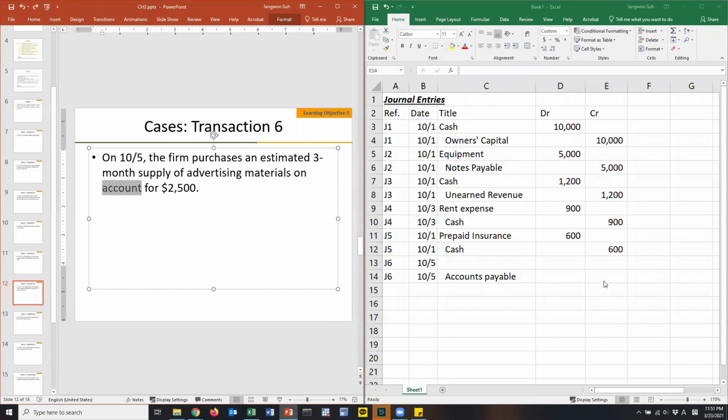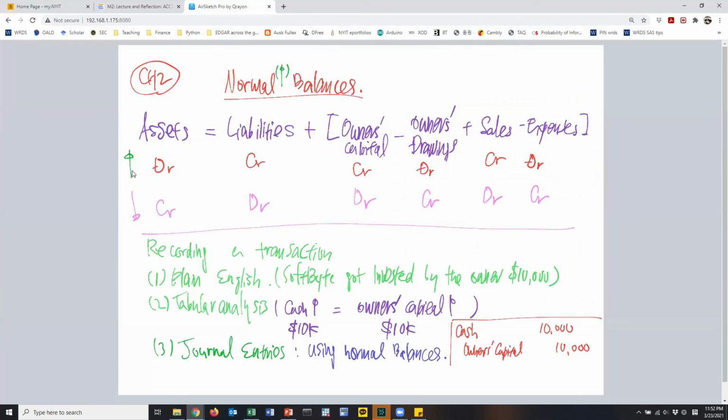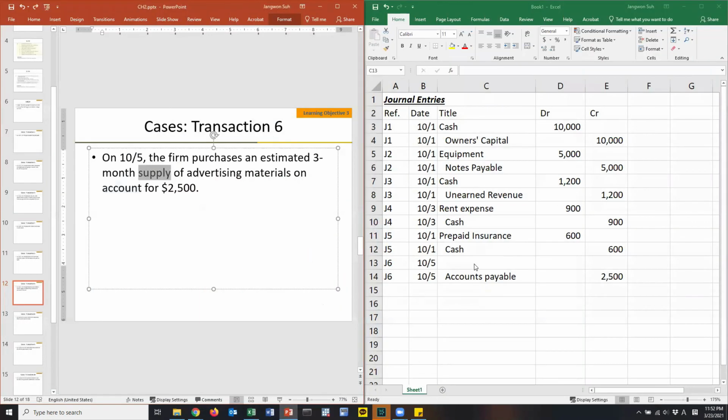Where is it? 2,500. Because you've obtained the asset, supplies. Okay? Supplies asset is increasing. When asset is increasing, you should record it on the debit side.